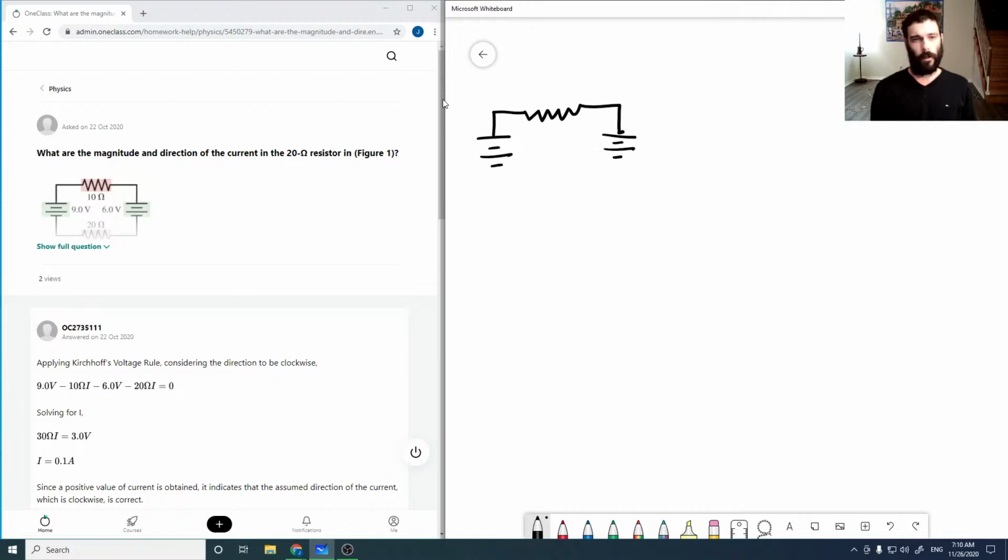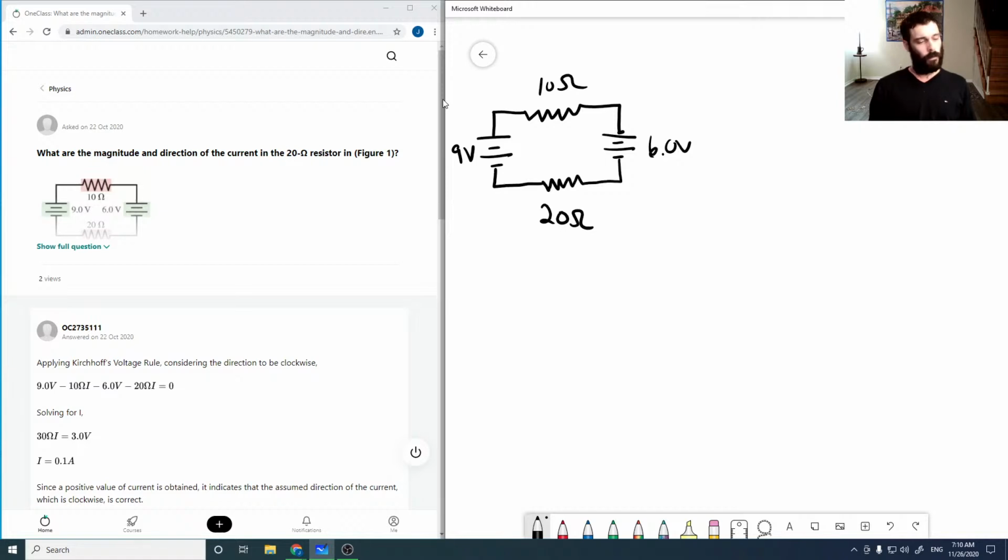So this one's a fairly simple Kirchhoff question. And so we've got a 9 volt here, a 6 volt here, a 10 ohm here, and a 20 ohm here. So this is the resistor it's asking about, so it wants the magnitude and direction of the current.